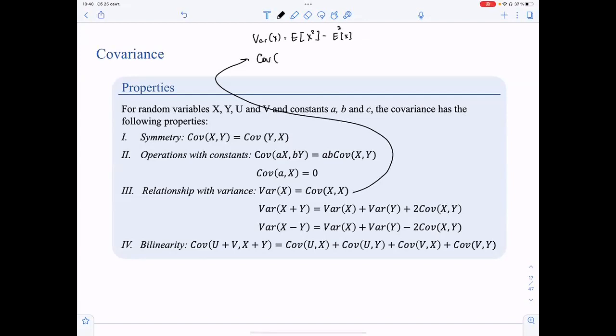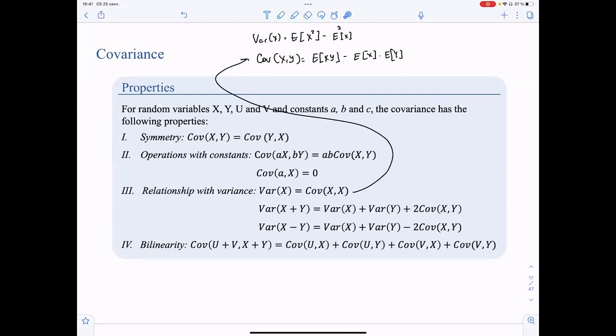And covariance of xy is an expectation of the multiplication of two variables minus the multiplication of two expectations. If you replace y with x, you get exactly the same formula as the variance. So this is pretty straightforward.